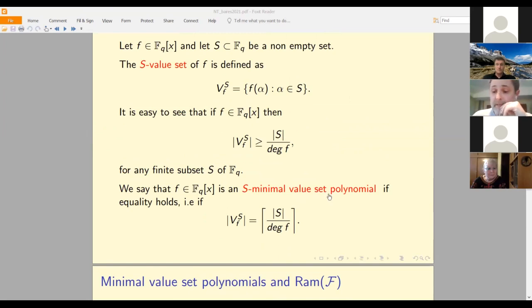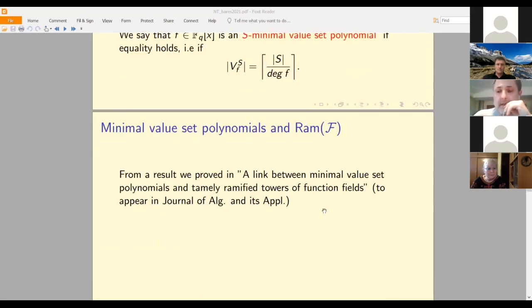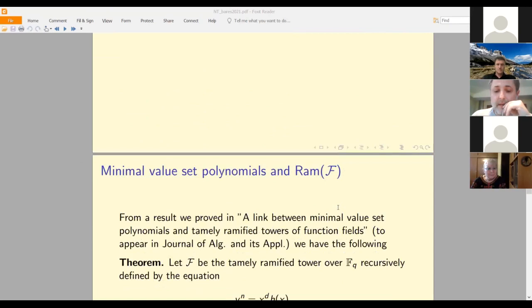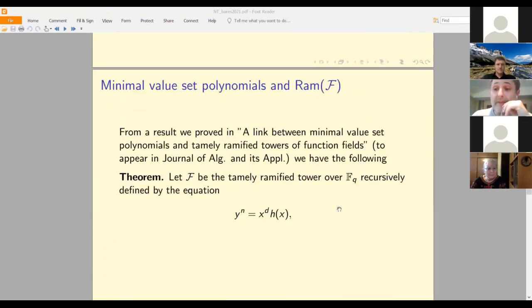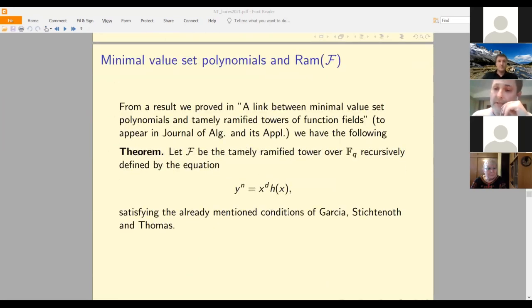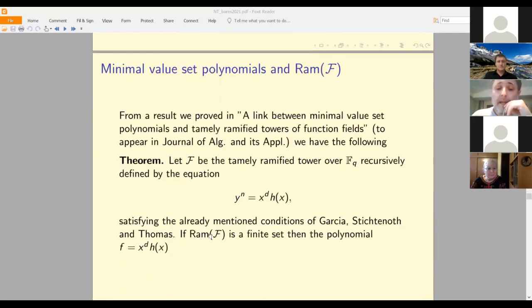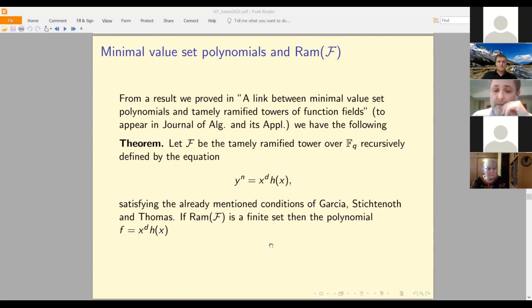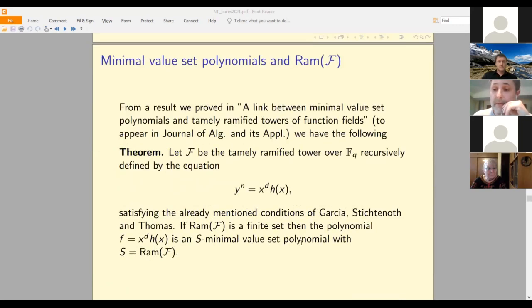So here appears a surprising connection, which was proven in this paper that is going to appear in this journal. You can say this about the ramification set: a connection between the ramification set and minimal value set polynomials. If you have a tamely ramified tower of F_q defined by this equation, with all the conditions asked by Garcia, Stichtenoth, and Thomas in that paper of 1997, if the ramification set is finite, then the polynomial on the right-hand side of this equation has to be an S-minimal value set polynomial, where S is the ramification locus of the tower.